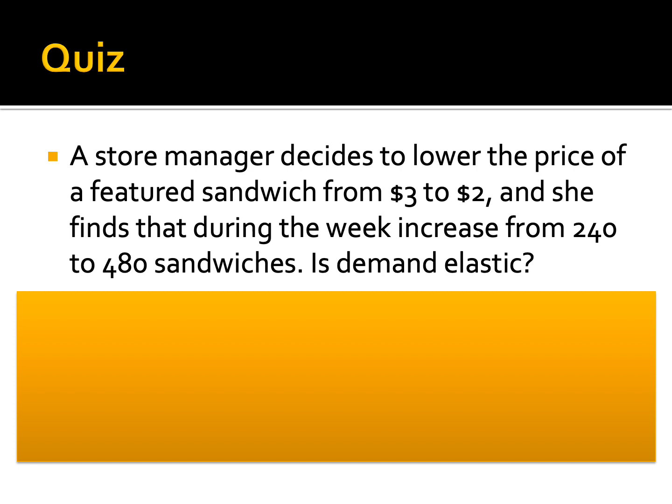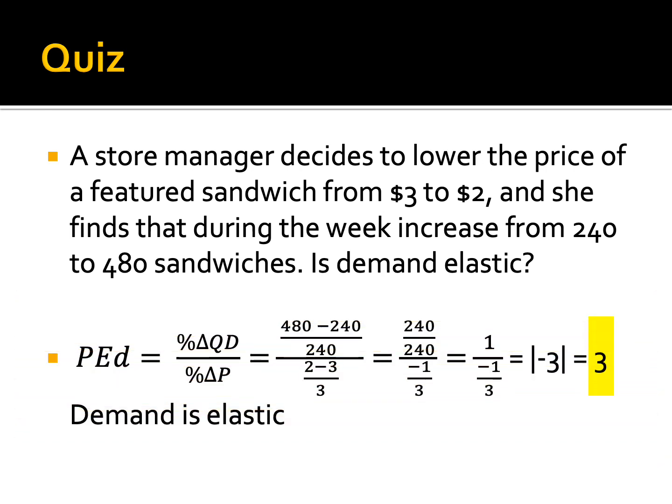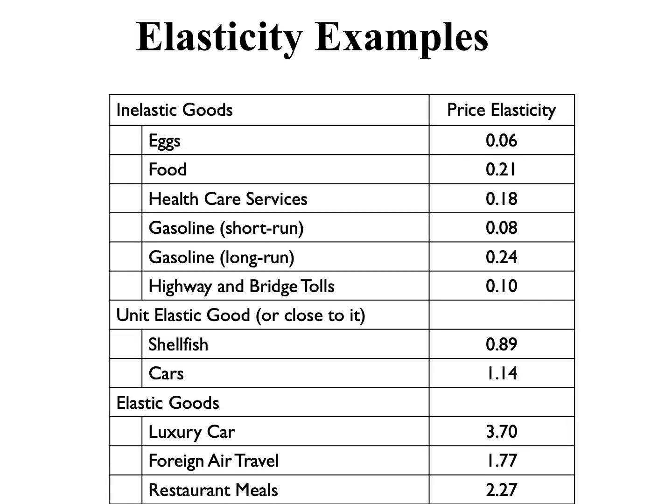The price change is from $3 to $2, which is a change of 1 over 3, or a 33% reduction in the price. That means the price elasticity of demand for sandwiches was 3, which means demand is in fact very, very elastic.